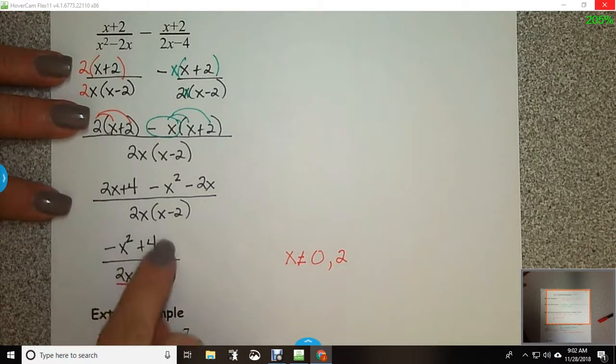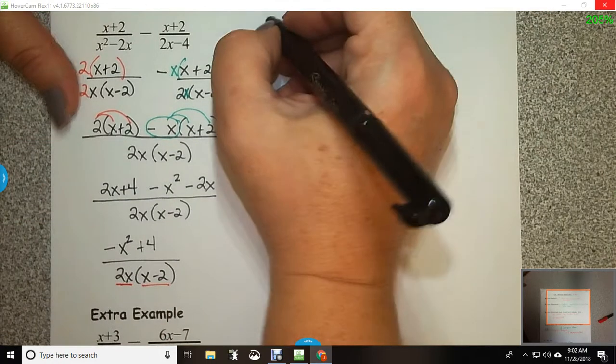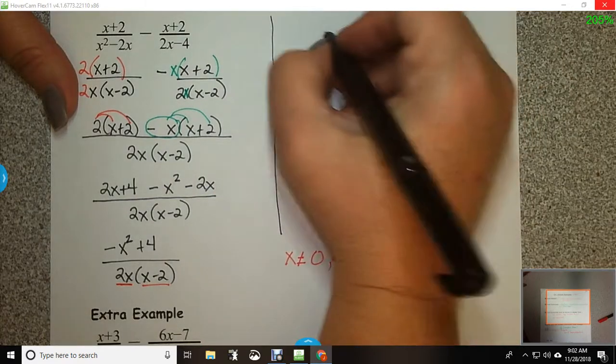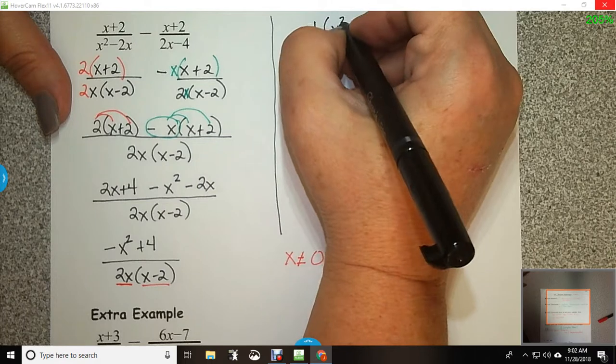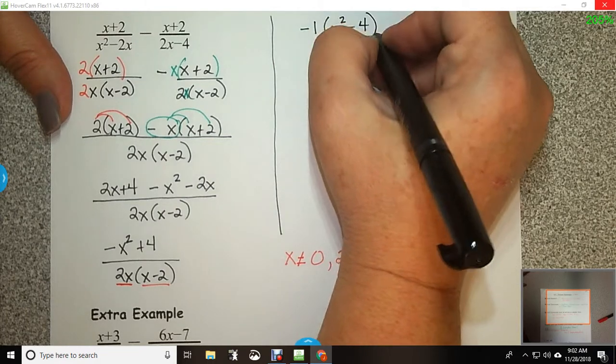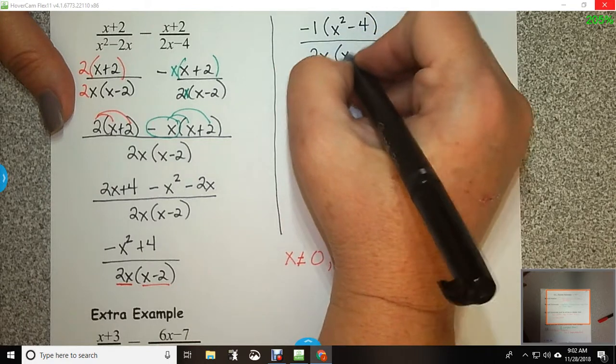Now I have to take and factor this numerator to see if anything will cancel with stuff on the bottom. So the numerator, I can first take out a negative 1, and that'll leave me with x squared minus 4. Here's my denominator.